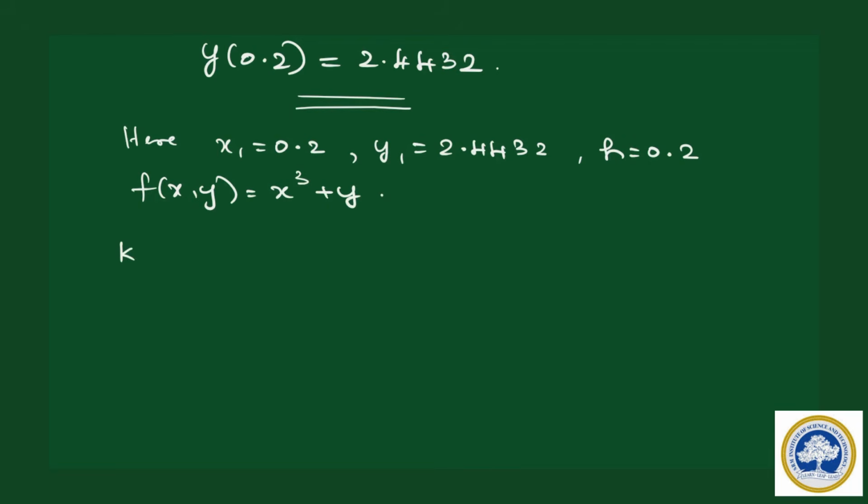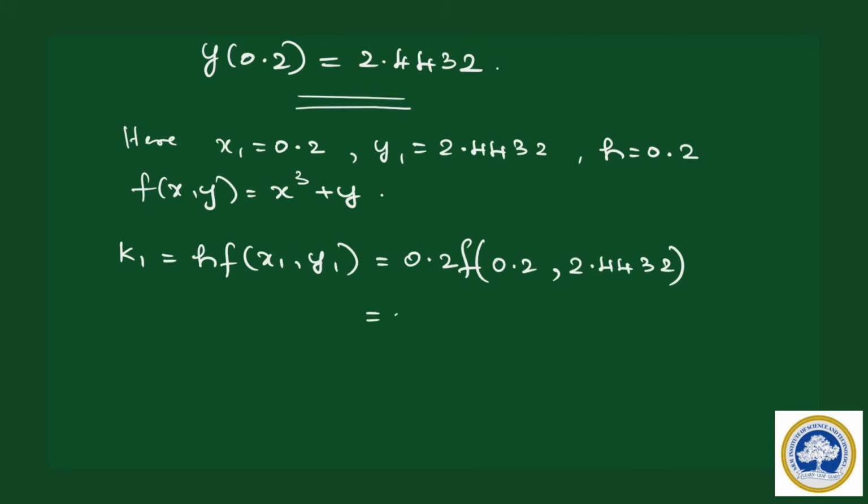So now let us calculate K1, h into f of x1 comma y1. So this is equal to 0.2 into f of 0.2 comma 2.4432. So now it is 0.2 into the function x cube plus y, so 0.2 whole cube plus 2.4432.